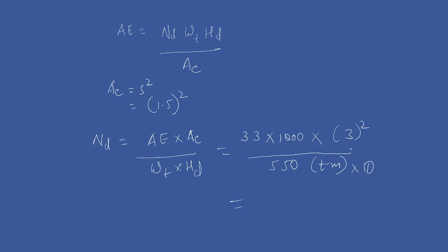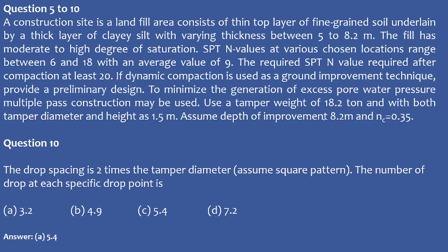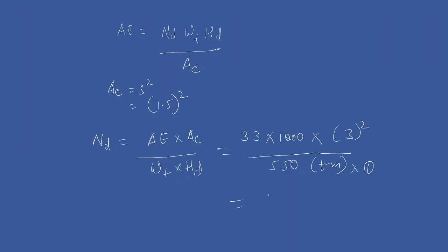Sorry guys, in the question it's giving that the drop spacing is 2 times the tamper diameter. I directly considered it as 1.5, but it should be 3 square. So yeah, this will basically give you the 5.4 number of drops.